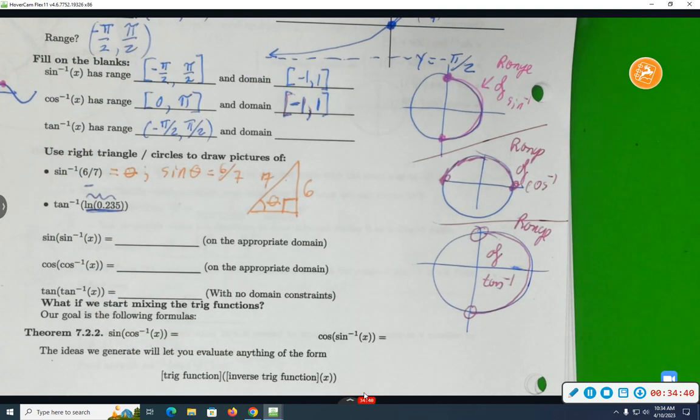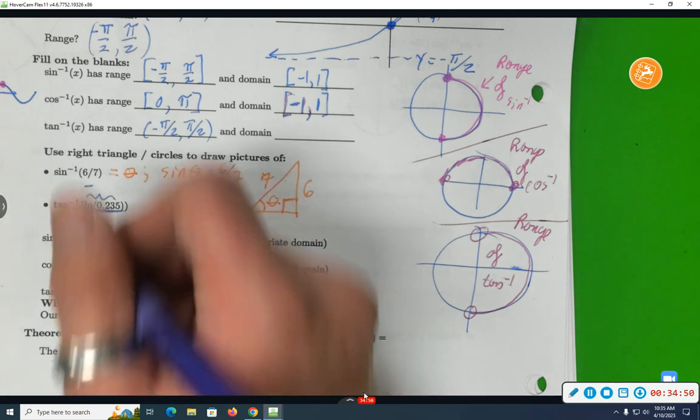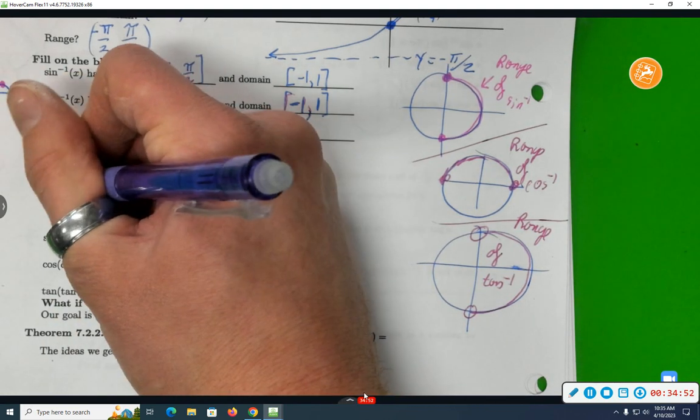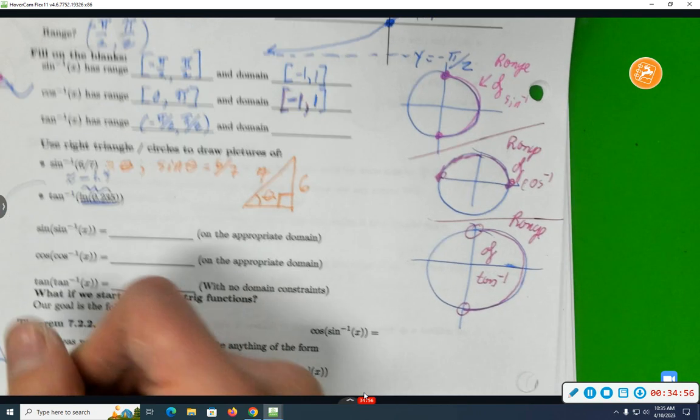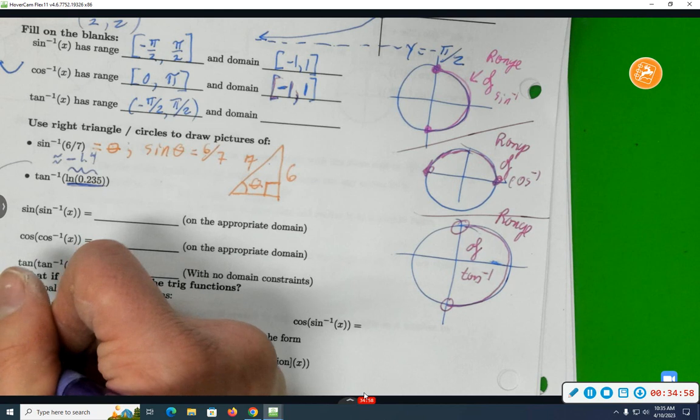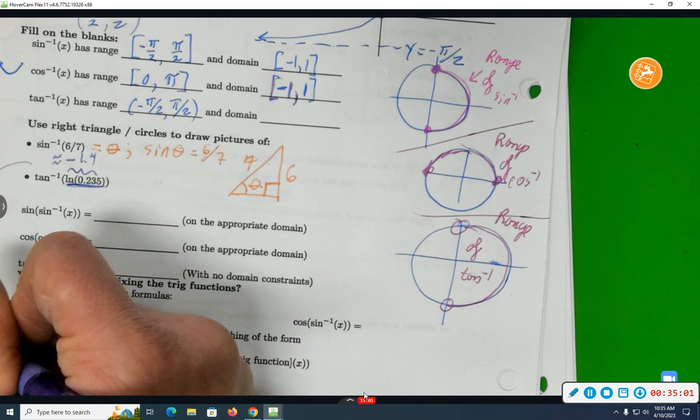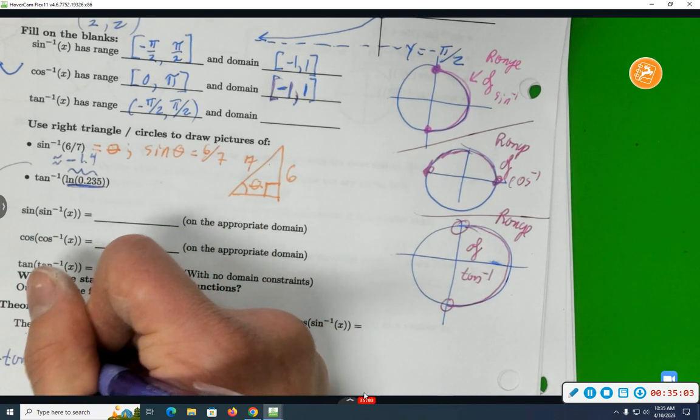In fact, by using a machine now, what is it negative approximately? Somewhere around negative 1.4. So if I want to think about this, I want to think about the inverse tangent of about negative 1.4.